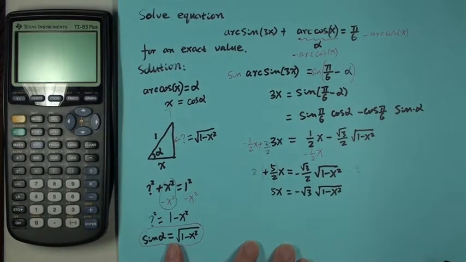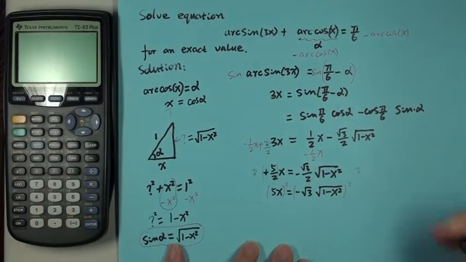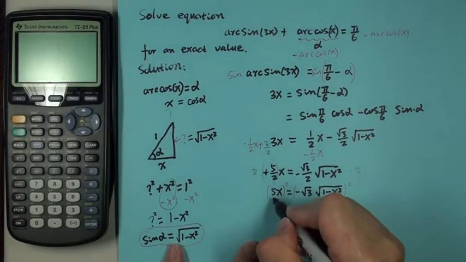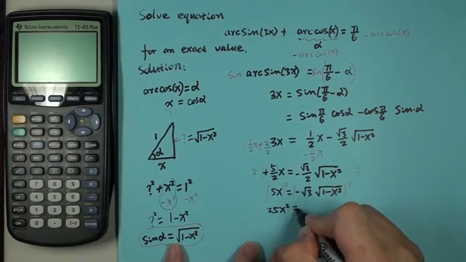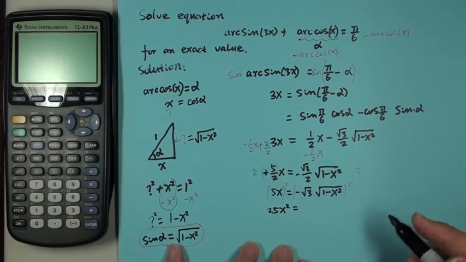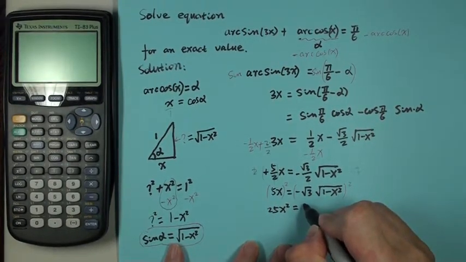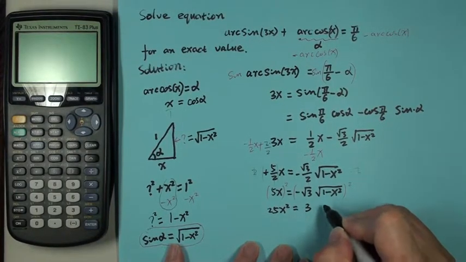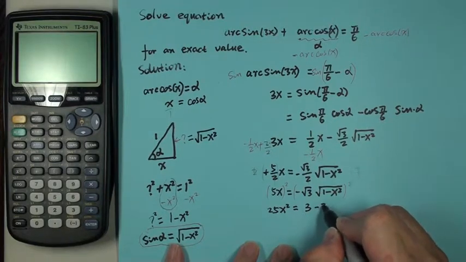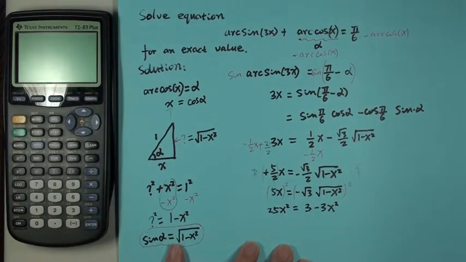Now if you choose square on both sides, you then have 5 squared is 25, x squared is just x squared. Negative radical 3 squared is positive 3, so basically it's 3 times 1 is 3, and 3 times negative x squared is that.